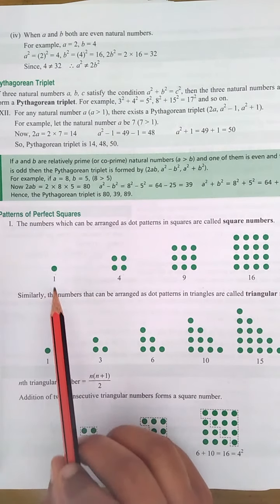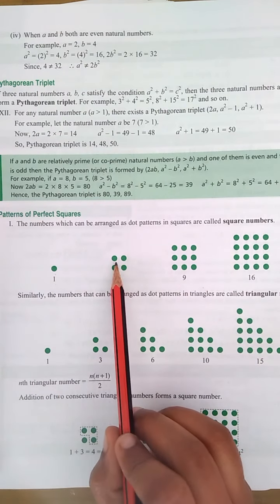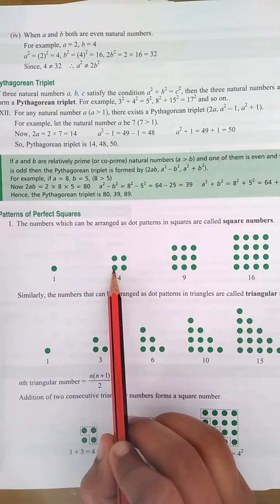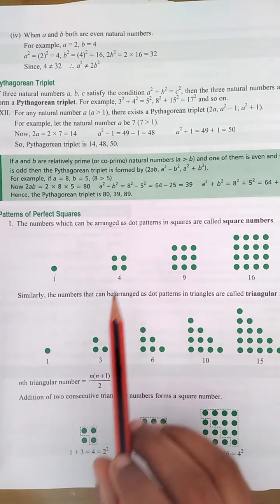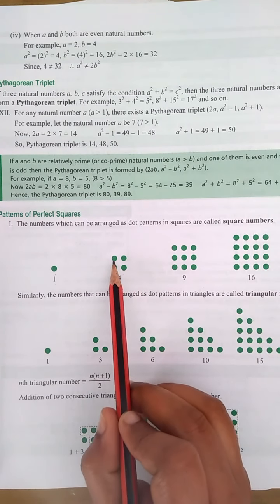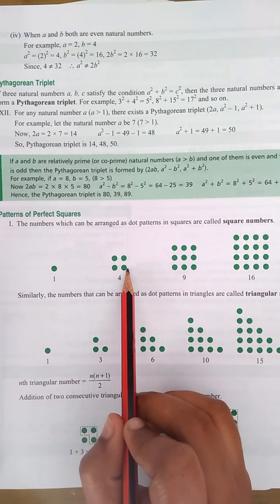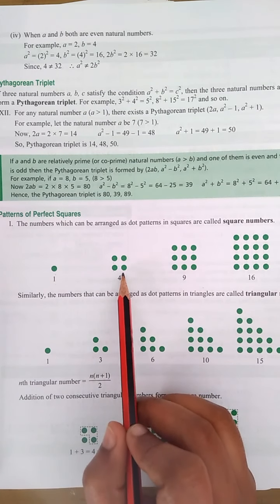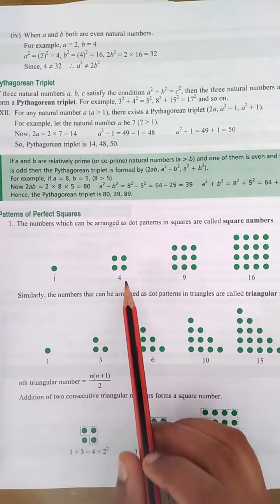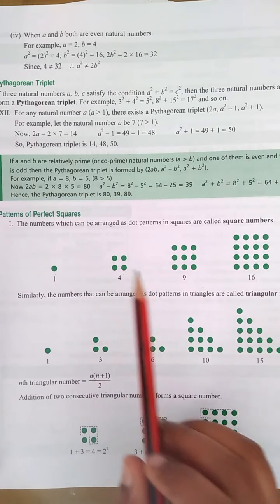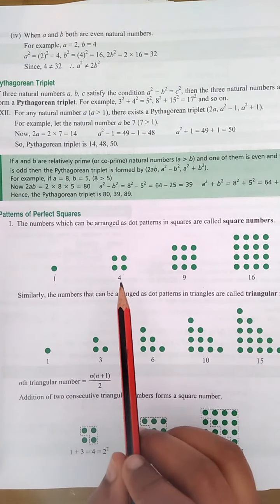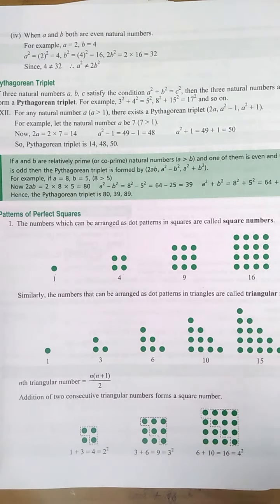Here 1 square is 1. Here total dots are 4 and these dots form a square. As you see, the number of rows is 2 and the number of columns is 2. So in this way they form a square and this pattern is known as square numbers.